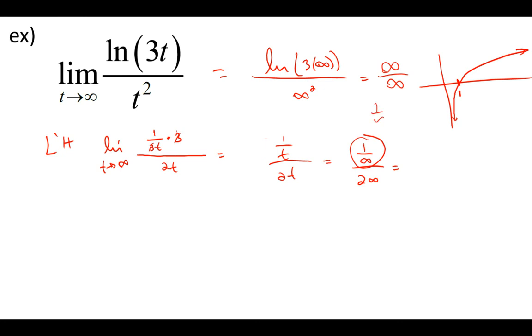If the top is staying the same and the bottom goes to infinity, it goes to 0. 1 over any constant over infinity is 0. Because the bottom gets infinitely big, think of 1 over 1,000 and 1 over 10,000, 1 over 1,000,000. It's all trending towards 0. So 1 over infinity is 0.